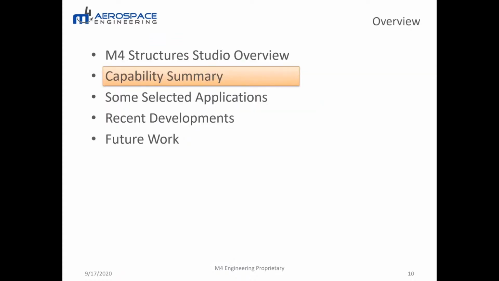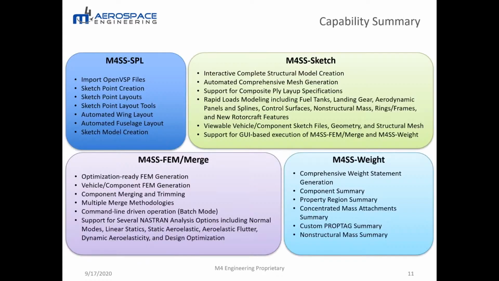And then moving on, I'm going to now discuss our capability summary. So this chart's a bit of an eye chart. I do highlight now in four component blocks here the various capabilities of each component as you move through the workflow.